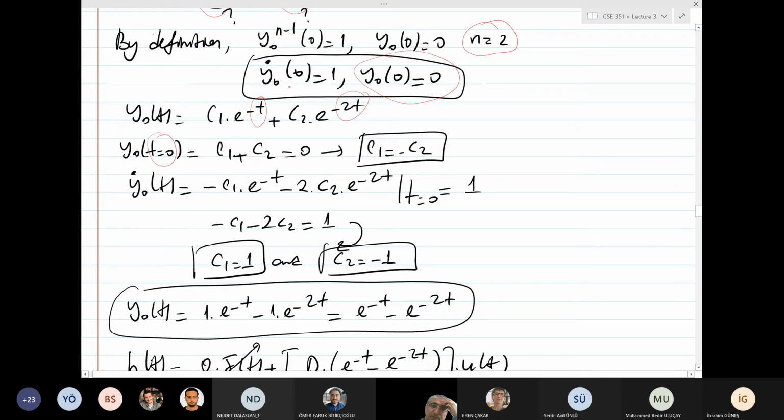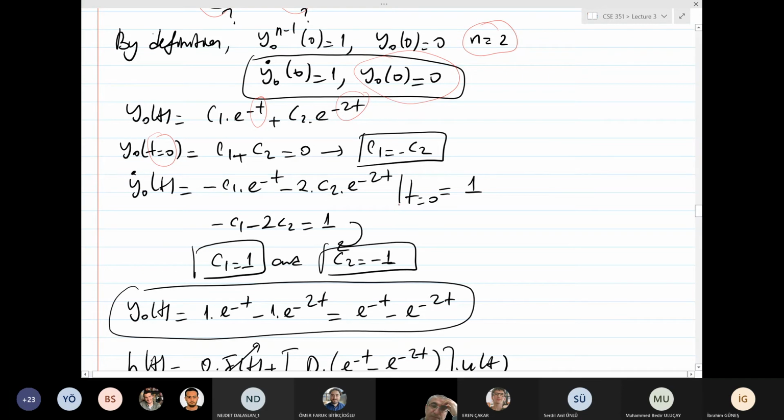Now the second initial condition is given by the derivative of the zero input response with respect to t. Let's take the derivative together. This is minus C1 times exponential minus t. If I take the derivative of this term, I obtain minus 2 times C2 times exponential minus 2t. So that's my first derivative of the zero input response.